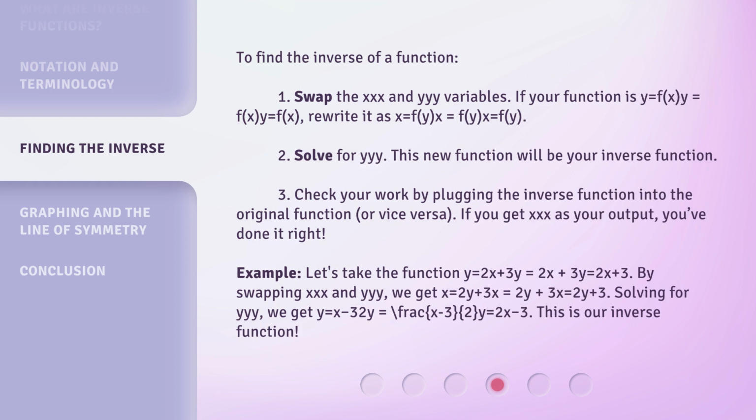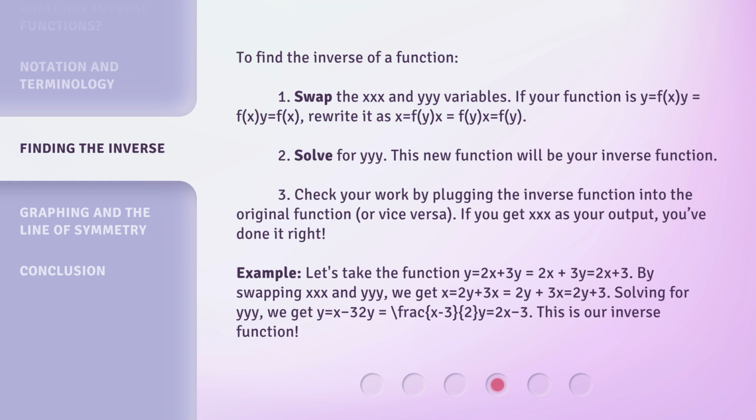Solve for y. This new function will be your inverse function. 3. Check your work by plugging the inverse function into the original function, or vice versa. If you get x as your output, you've done it right.